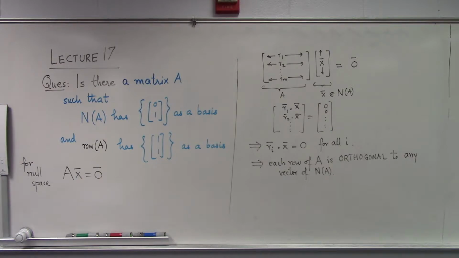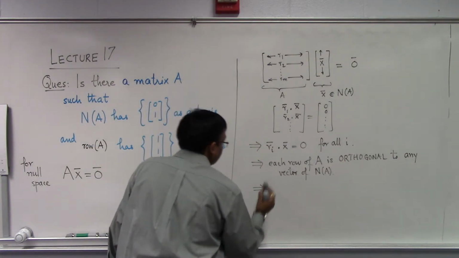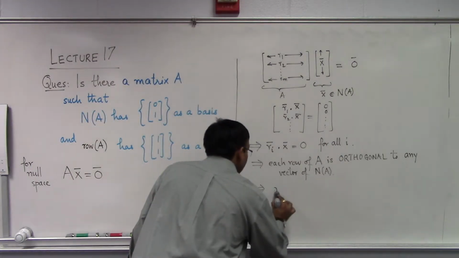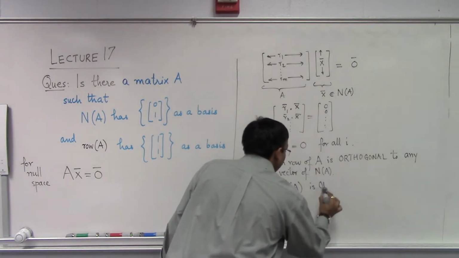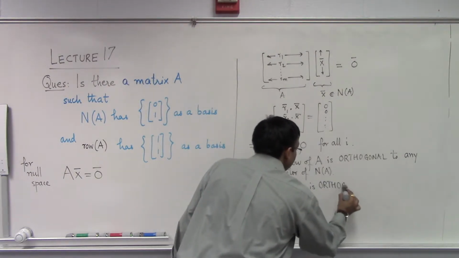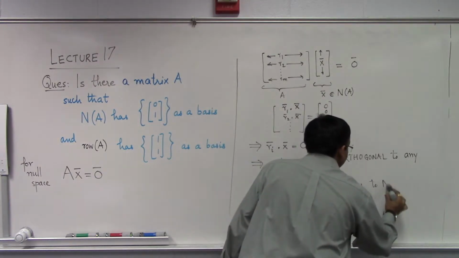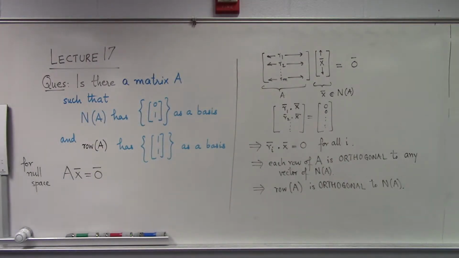Now this gives us a very interesting relationship between the row space and the null space. We can say these are orthogonal spaces because every row is orthogonal, so anything spanned by the rows will also be orthogonal. So what we are now claiming is that the row space of A is orthogonal to the null space of A. Once we know this result, we could have easily answered the question that such a matrix cannot exist.